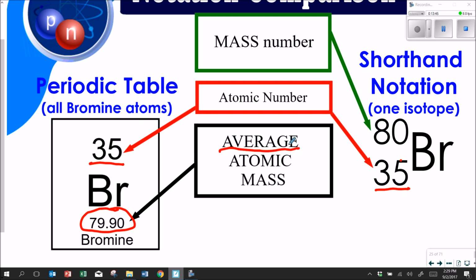This mass is the average mass for all the bromine isotopes that exist in the universe. On the shorthand notation, the mass which is on top is the mass of only that one particular isotope of bromine.